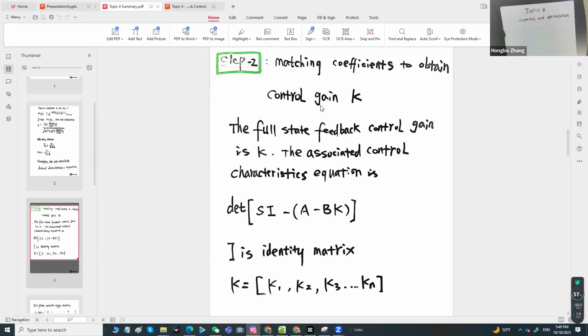So here is the important thing. You see your control system characteristic equation is this formula. How come you get this formula? You probably don't have to know. I can explain a little bit next Monday. You just remember that, okay? This is from chapter 3, from state space to transfer function. We did not do it in class practice.